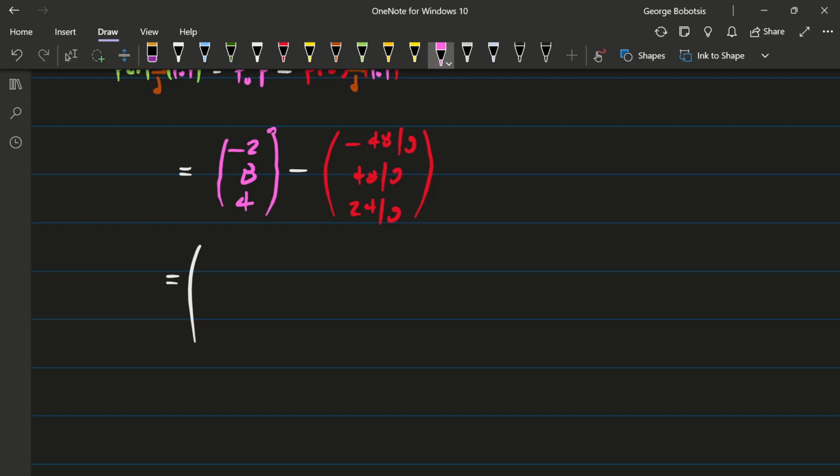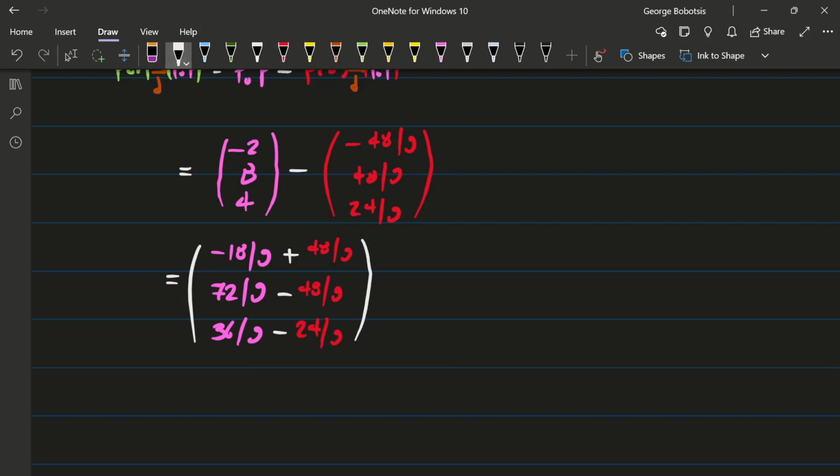So multiply everything by 9 over 9. Negative 2 times 9 is negative 18. 8 times 9 is 72. 4 times 9 is 36. And then we've got plus 48 over 9, minus 48 over 9, and then minus 24 over 9.